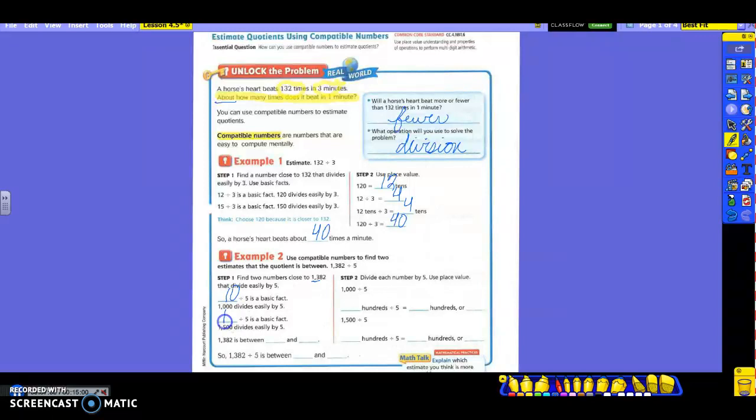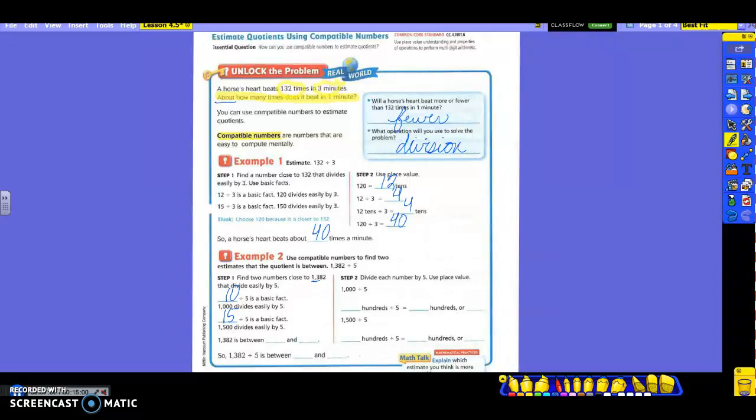Aha, so what's your next one you're going to use? 15. Okay? So you're thinking about something lower than this. So basically I'm making zeros out of this 8 and the 2, and I'm only using the 13. I know that 13 is not divisible by 5 evenly, but I do know that 10 is, and I know that 15 is. See how they're using those? Yes? And then they add the zeros for where your 8 and your 2 would be.